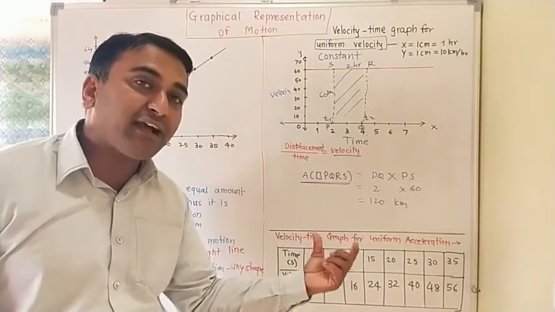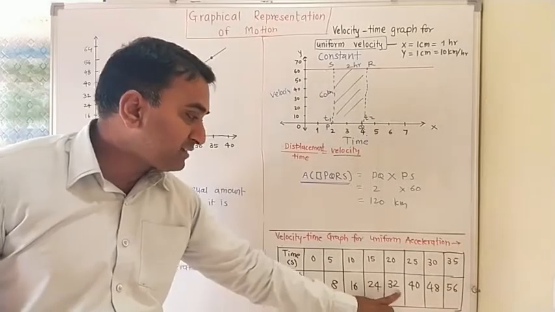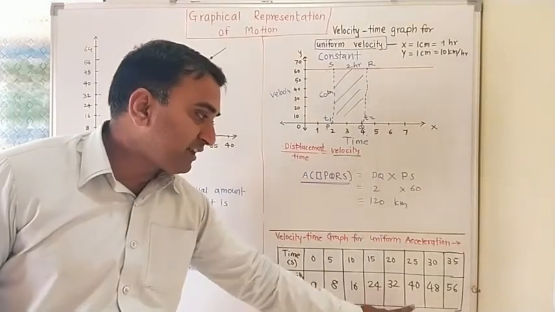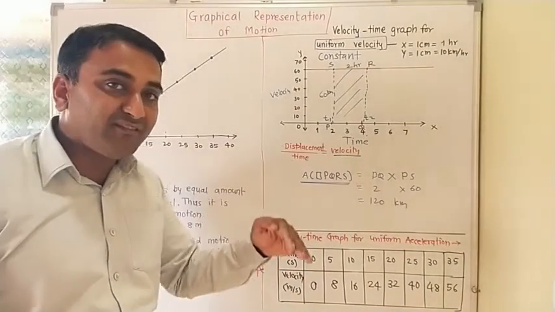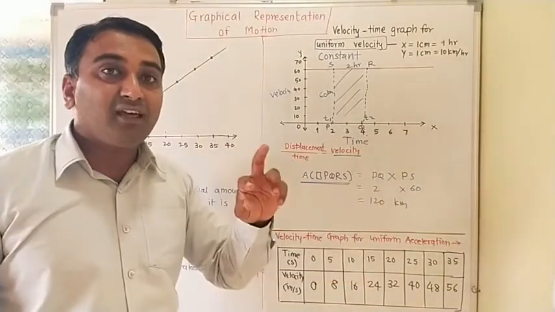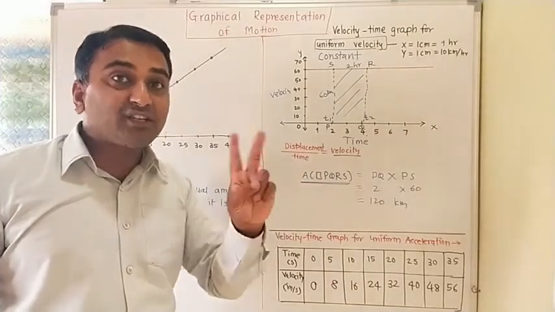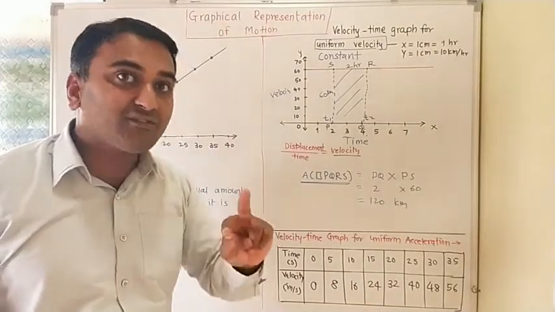So time is again 5. So 8 divided by 5, here also 8 divided by 5, here also 8 divided by 5. So acceleration is the same. That means for each and every equal time interval, the change in velocity is the same, not velocity, change in velocity.